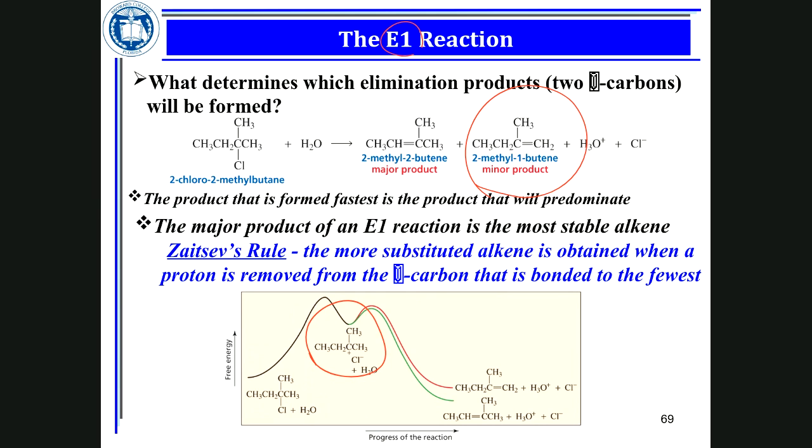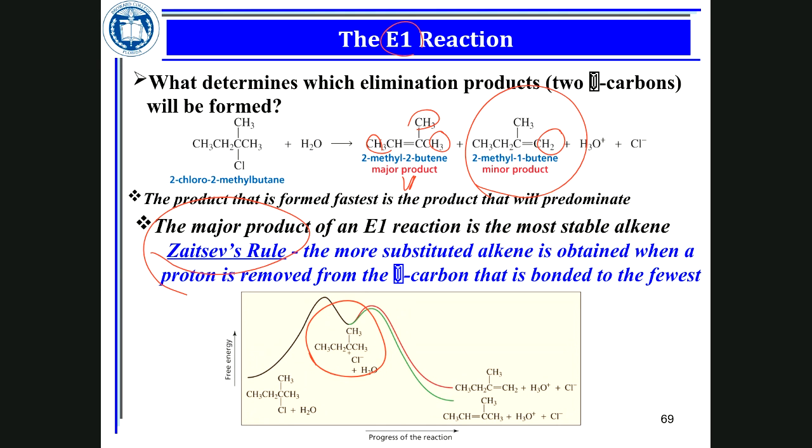So if you get a CH2 at the end, that is less substituted, and that would be your minor product. Your major product is when you have a CH3 at the end. So that means that the carbon-carbon double bond is not at the end of the carbon chain, it is in the middle.